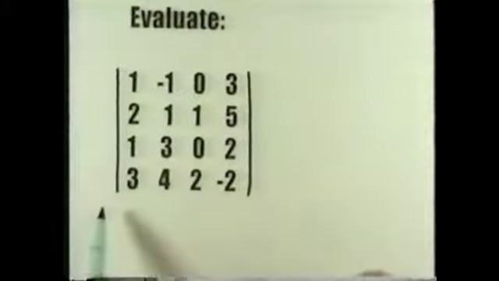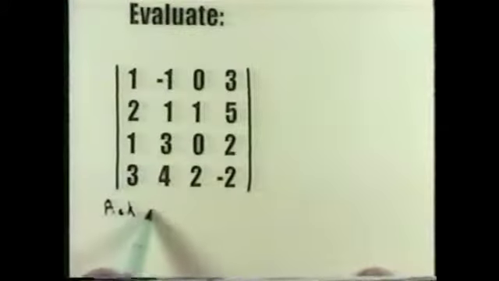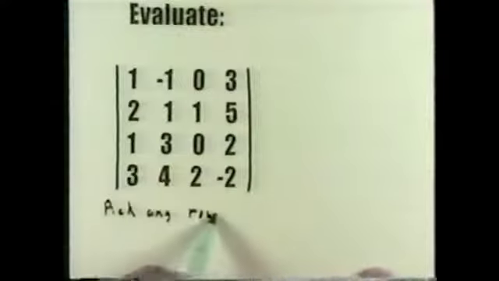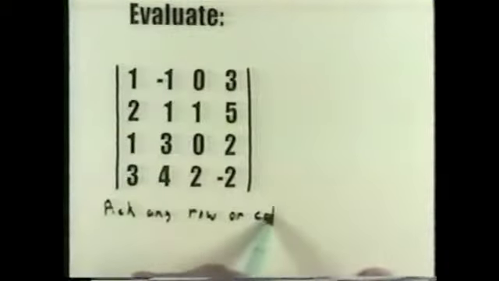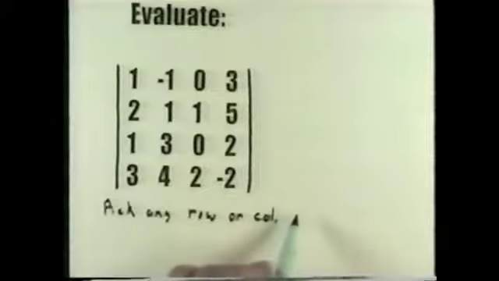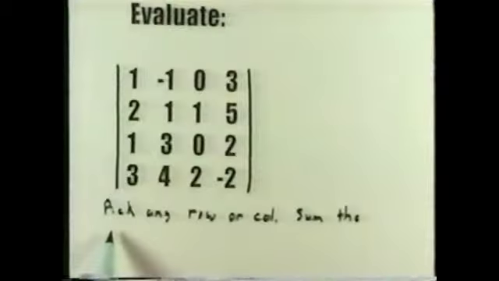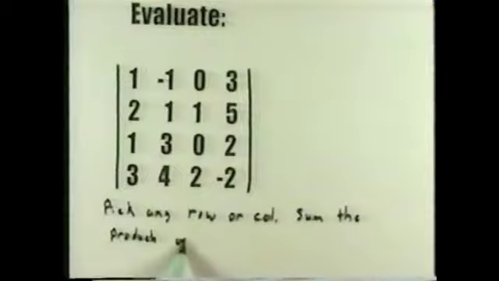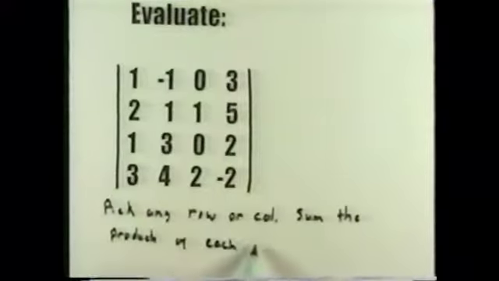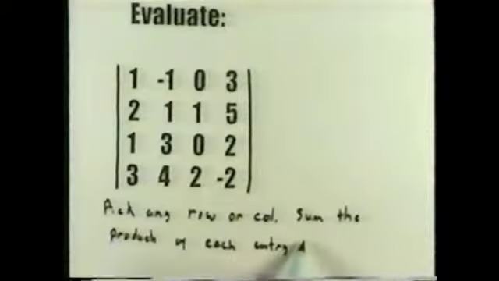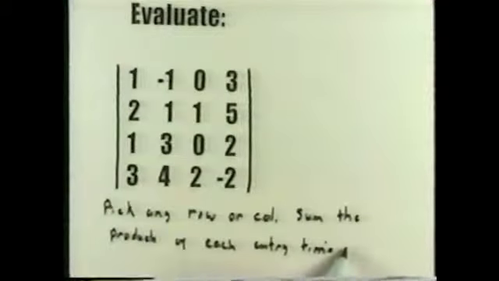Now to evaluate it, we can pick any row or column, and then we can sum the products of each entry times its cofactor.